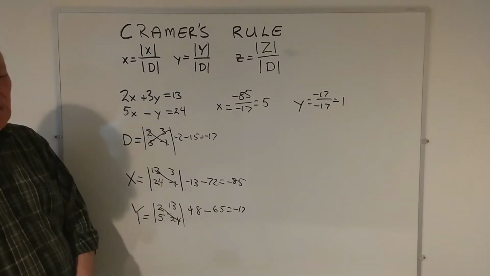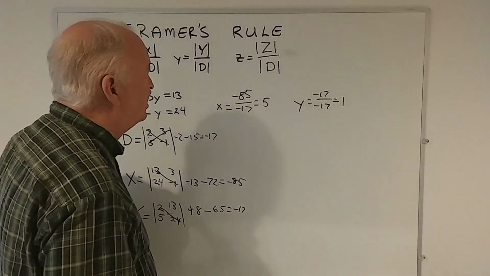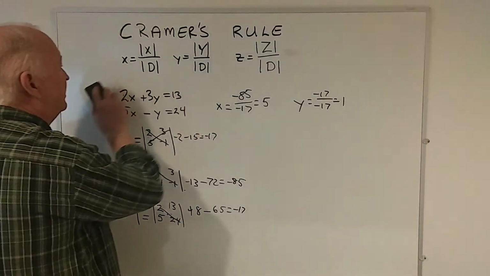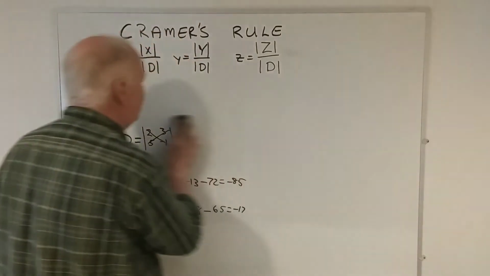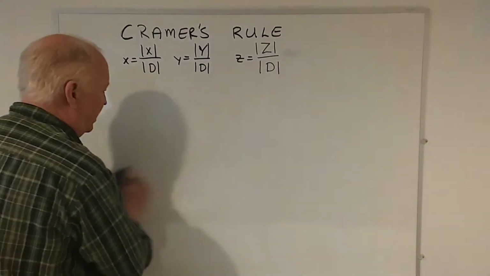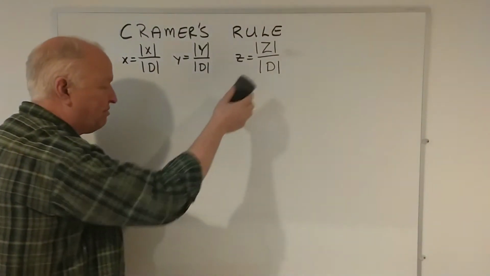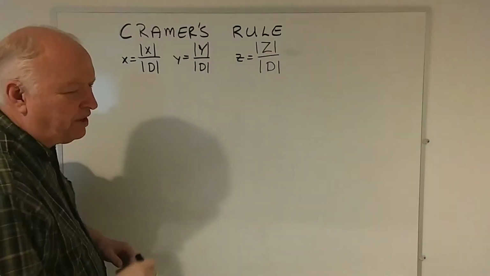That was so good. Let's try another system just so you can see this happening again. Now you're wondering why I had this written there. Well, that's when we go to 3 variables. But let's stay with 2 variables again.